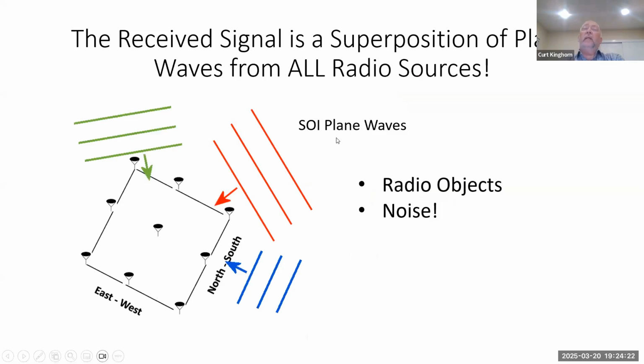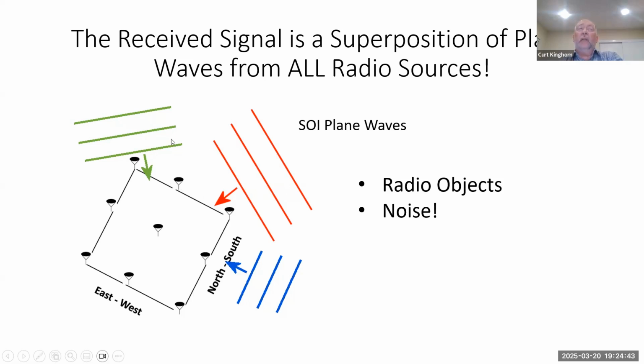So now the other thing about this is that even though maybe it's the signal of interest that I'm looking for, so that's going to hit this antenna first and this antenna and so on and so forth, there's going to be unique delays in the timing it takes to hit these antennas, depending on where the red plane waves are coming from.